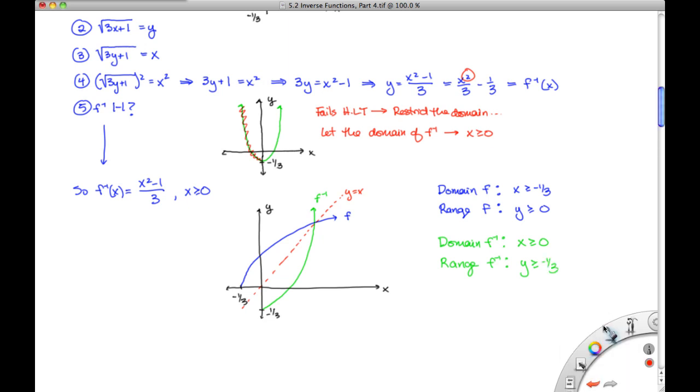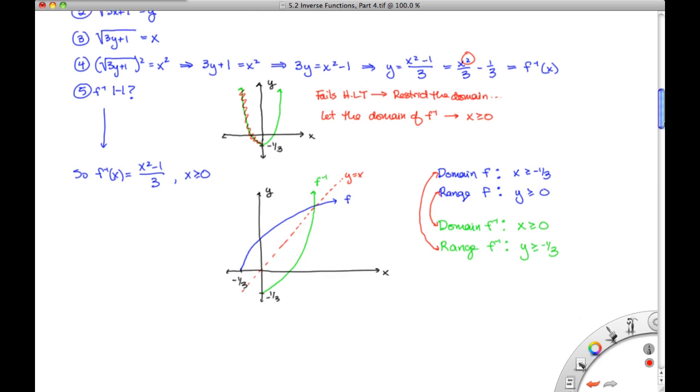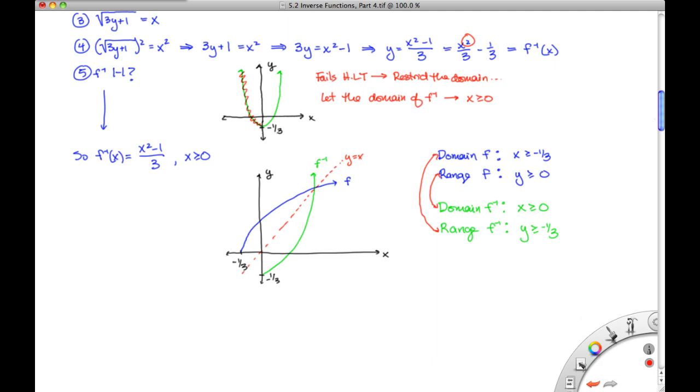What we see is that the domain of f is the same as the range of f inverse, and the range of f is the same as the domain of f inverse. You've got to watch out for these, especially with the quadratics.